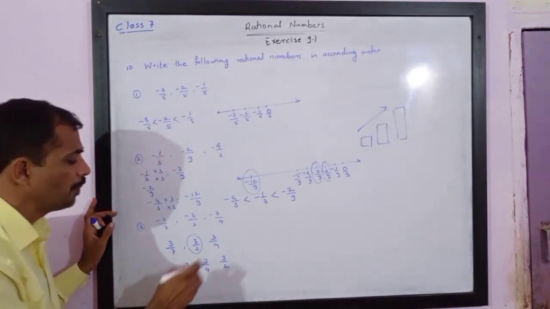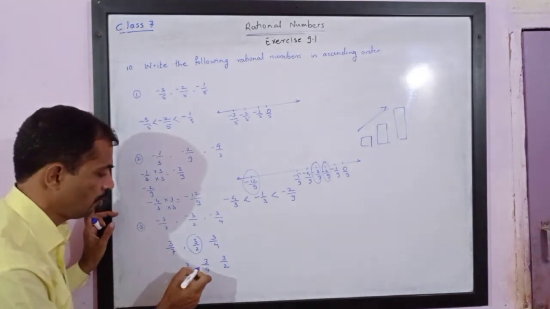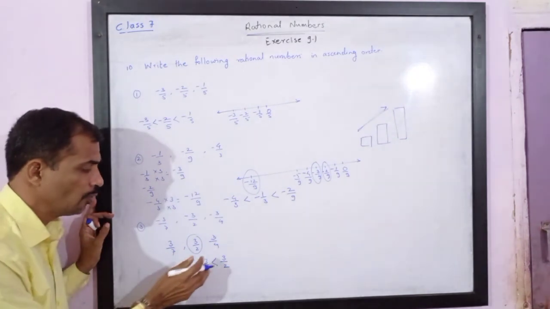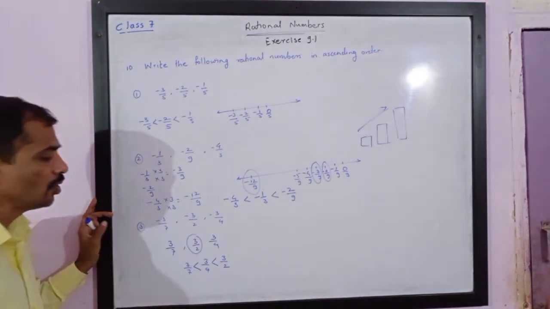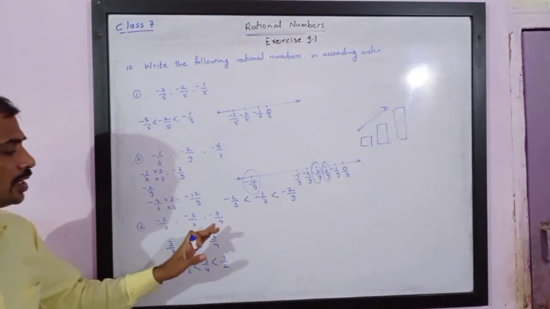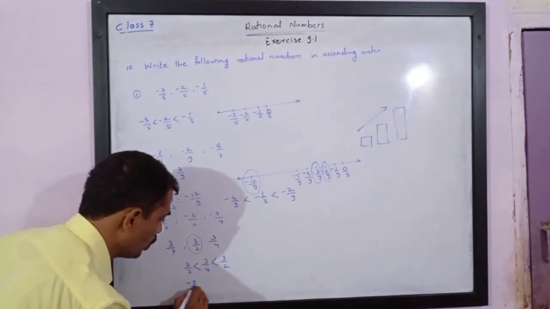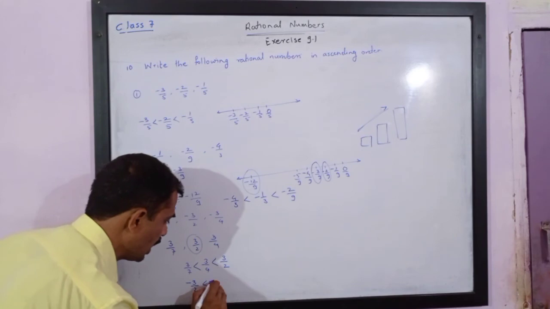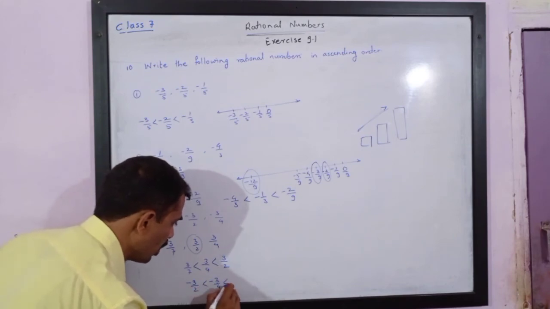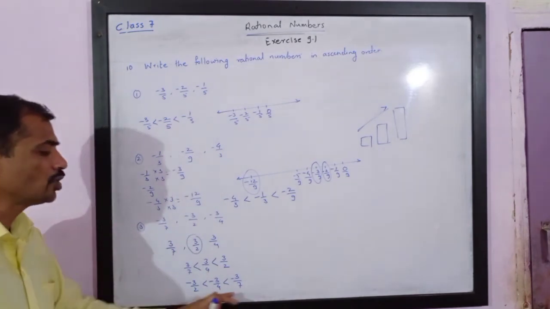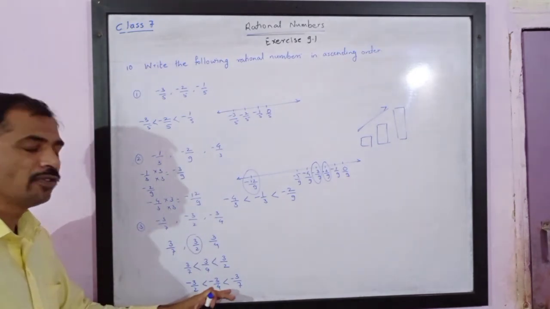But when we compare with negative signs, we have to reverse the order. So negative 3 upon 2 is smaller than negative 3 upon 4 is smaller than negative 3 upon 7. This can also be understood with the help of a number line.